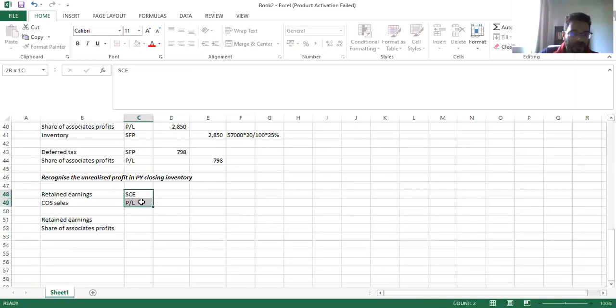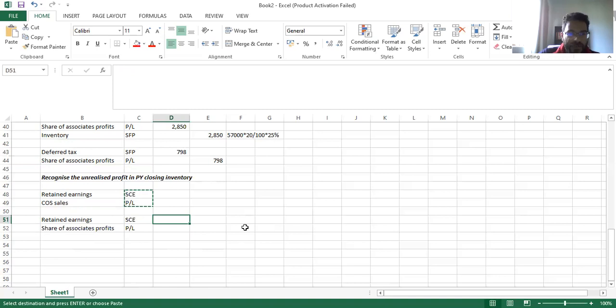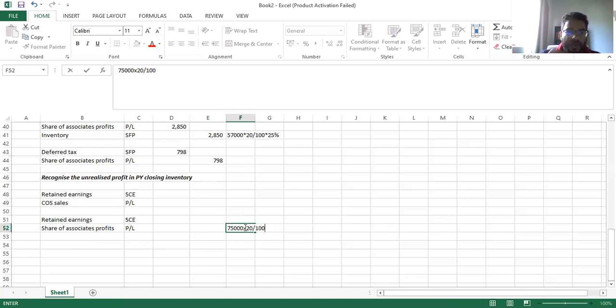So it will still be the same. And what is it? It was 75,000 Rand. It is 20% unrealized profit multiplied by our percentage, 25%.